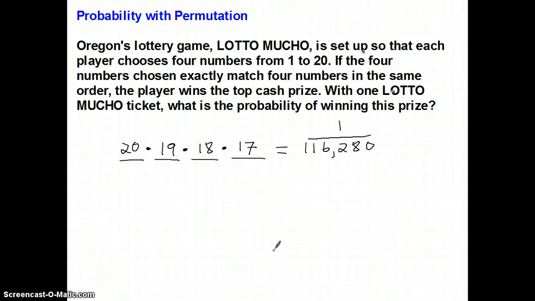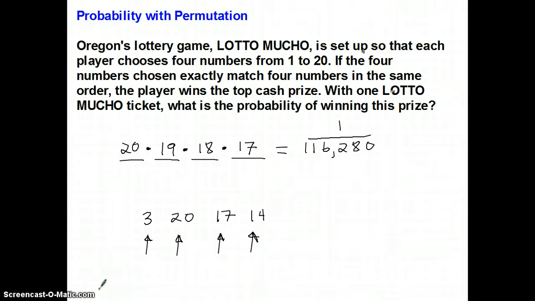116,280. So just remember that the order matters means that if the winning numbers come out as 3, 20, 17, and 14, we have to exactly match that order with the 3 first, then the 20, and then the 17, and then the 14.